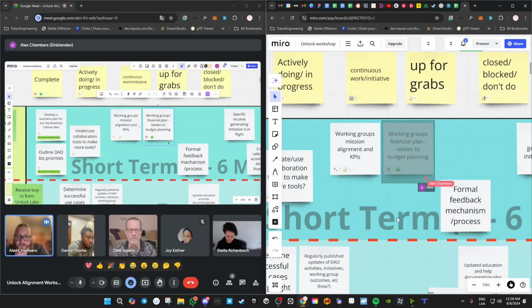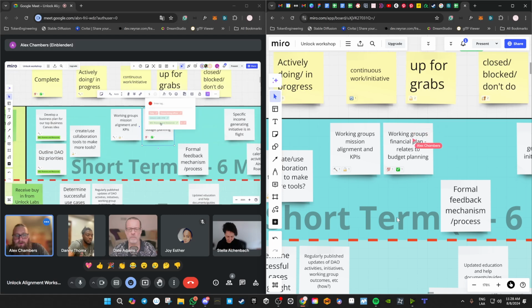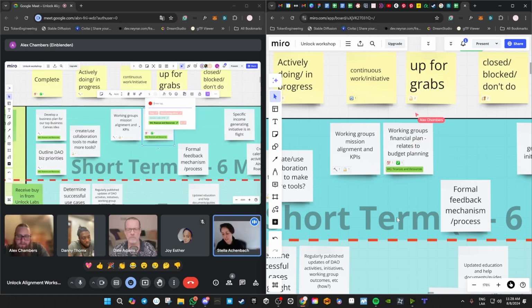Do we need to add who worked on budget planning? Because, I mean, it is a continuous process, right? So every 3 months he needs to hand in a new budget proposal. So it keeps being something that is continuously being reevaluated.